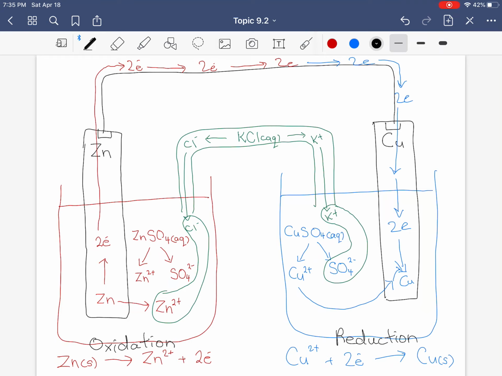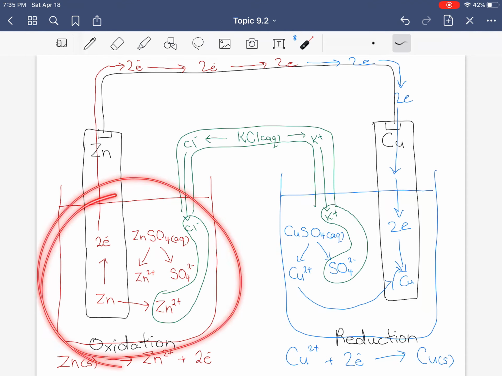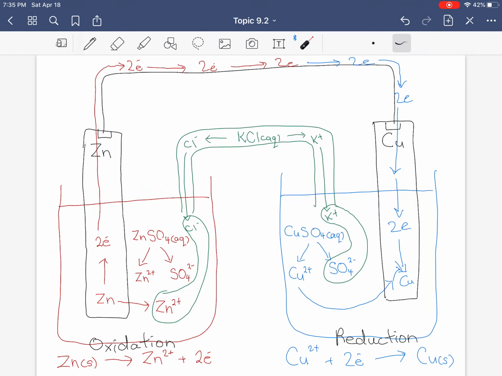So as an oxidation electrode, this electrode is obviously the anode. Okay? And the anode in a voltaic cell is the negative electrode.